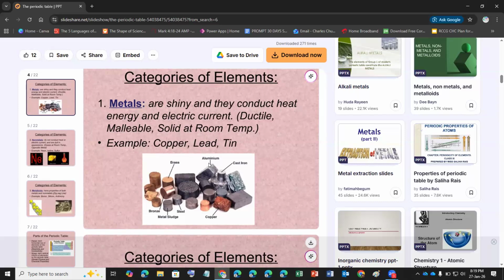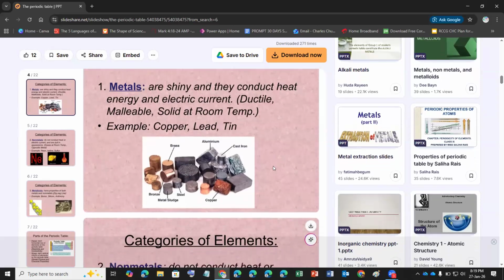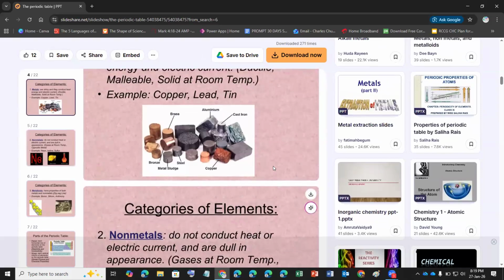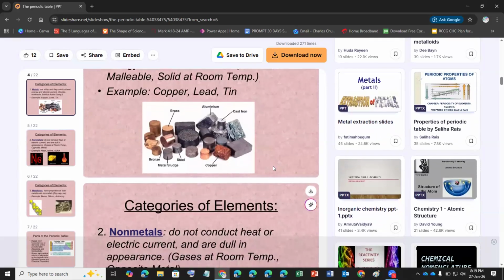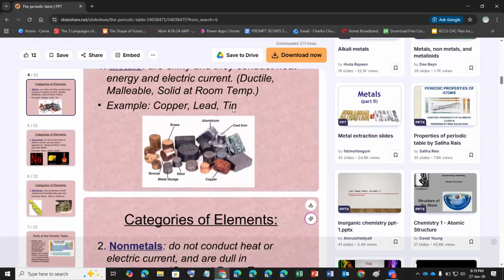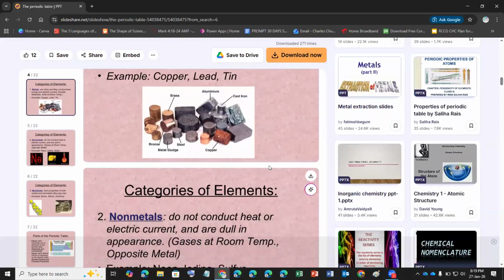But before it gets to that, it will take a while. That's the reason why we use mercury as the liquid inside thermometers, to make a very good thermometer liquid. So of course, you can see examples there: copper, lead, tin, etc.